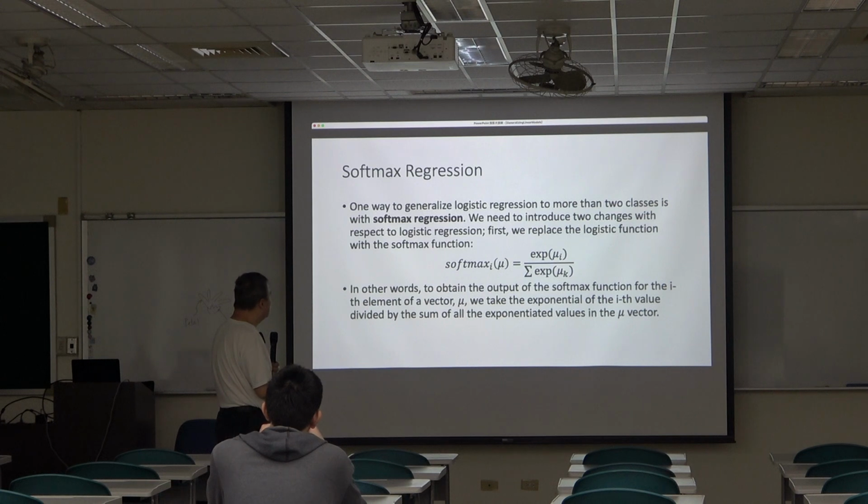So in other words, to obtain the output of the softmax function for the ith element of a vector mu, we take the exponential of the ith value divided by the sum of all the exponentiated values in the mu vector.